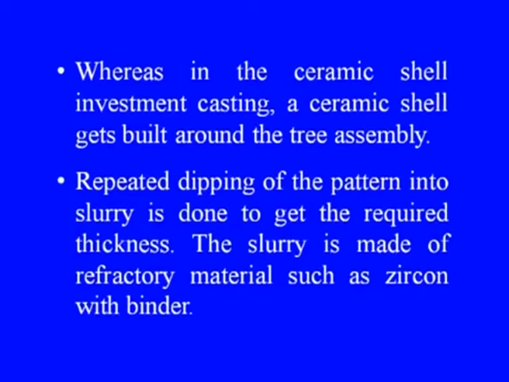Repeated dipping of the pattern into slurry is done to get the required thickness. The slurry is made of refractory material such as zircon with binder. After getting the required thickness of cross section, the tree assembly is dewaxed. The shell obtained is further immersed in a refractory coating and the metal is poured into it.